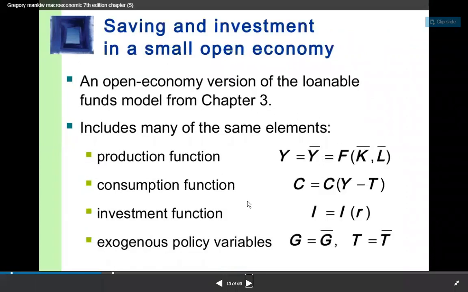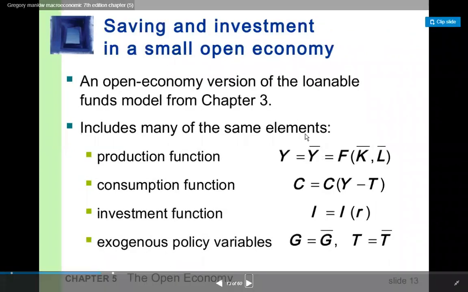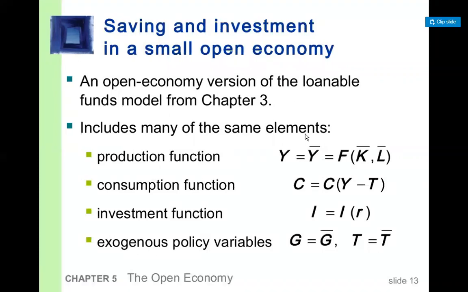So the next one is the saving and investment functions in a small open economy. After this discussion that net exports equal net capital outflow, we discuss this equation, this national income identity for trade balance and net capital outflow.